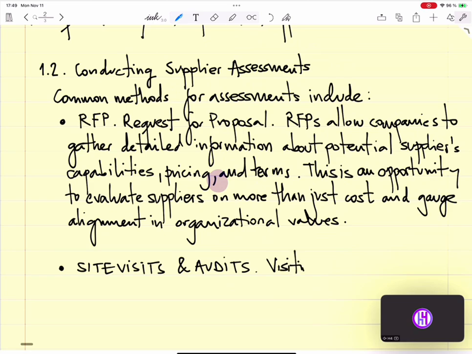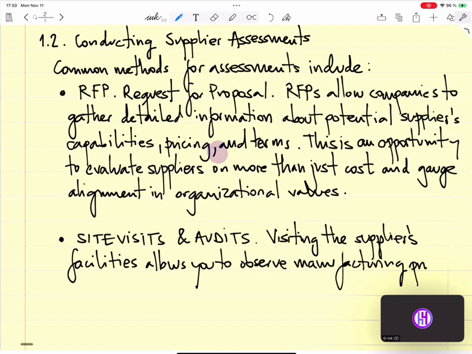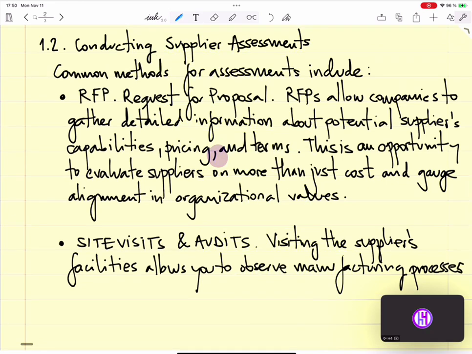Visiting the supplier, or suppliers' facilities, allows the company to observe manufacturing processes, quality control practices, and workforce conditions.